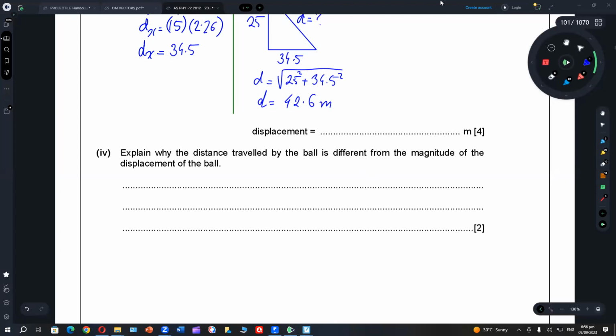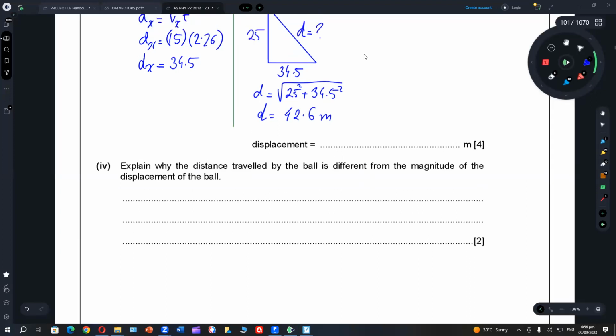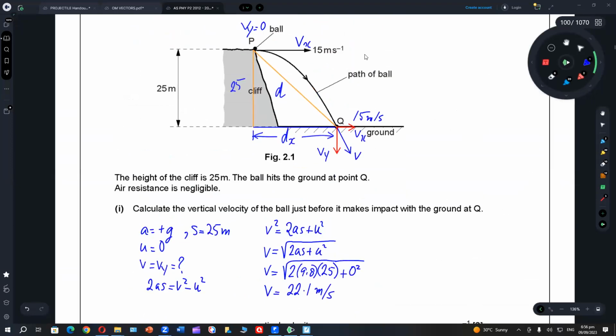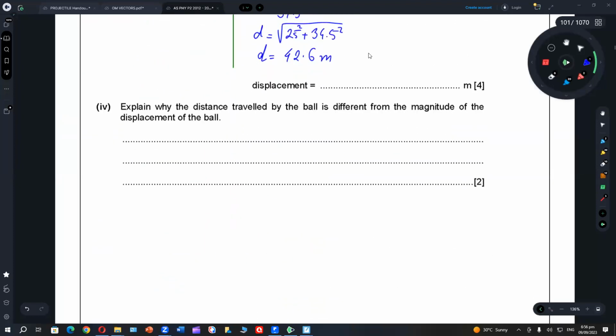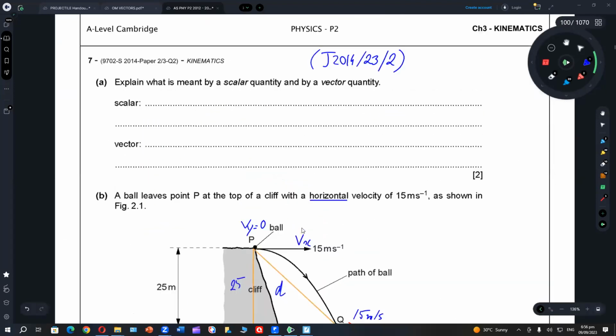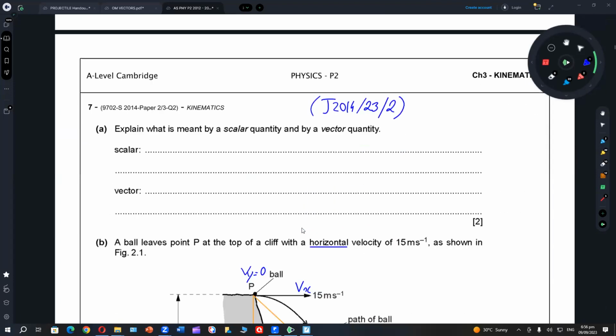This can be seen from here. Displacement is in a straight line and distance can be on a curve. So you will tell the examiner that displacement is a vector and distance is a scalar, so they can't be the same. Displacement actually occurs on a straight line. This is from June 2014.